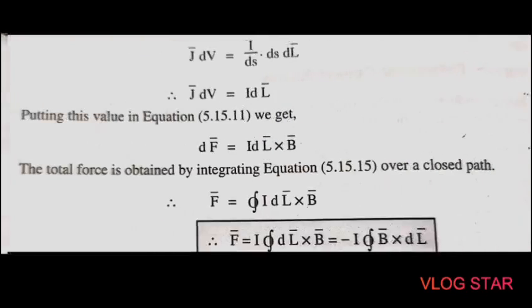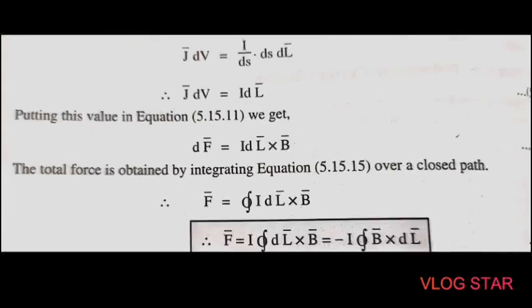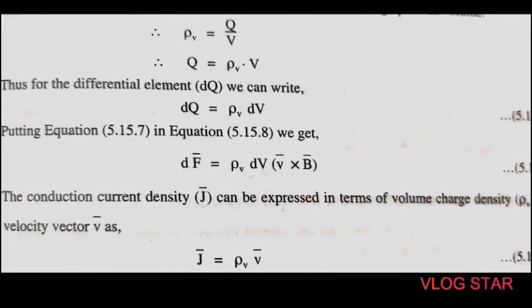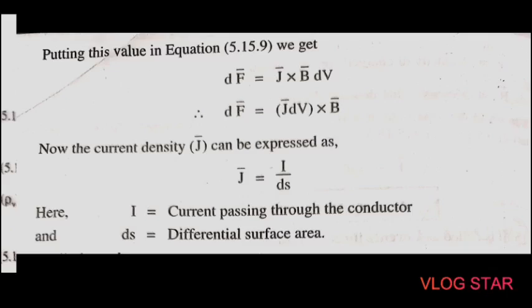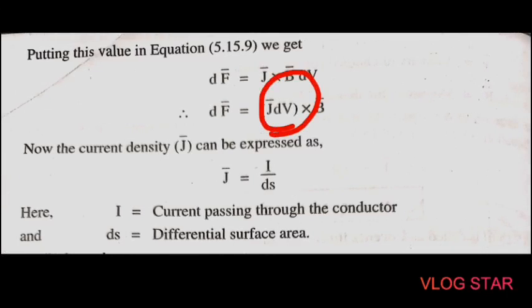Okay, so here in the next step, on the left hand side, that is J bar into dV, the value of dV, this J bar dV is shifted to the left hand side, or we can write J bar dV is equal to dF bar upon B bar.